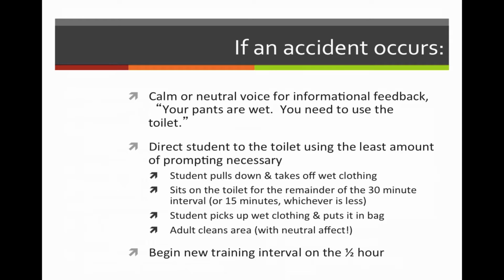We want to make sure that we're not passing around illnesses because we've made a kid clean up feces, for example. Now we're going to begin a new training interval every half hour again, so it doesn't change anything. We don't just give up for the rest of the day because that was a moment that didn't work.